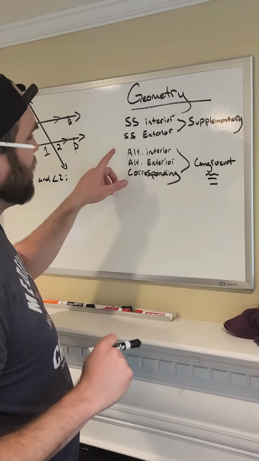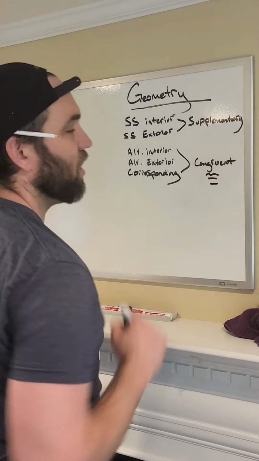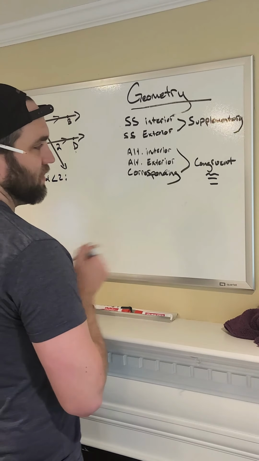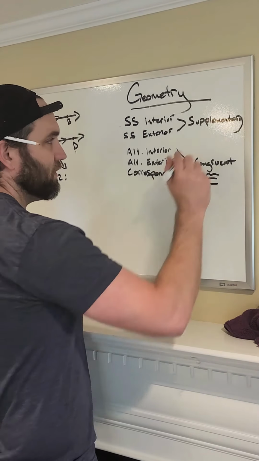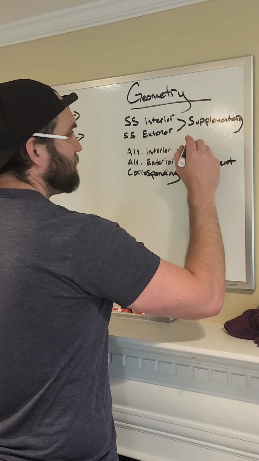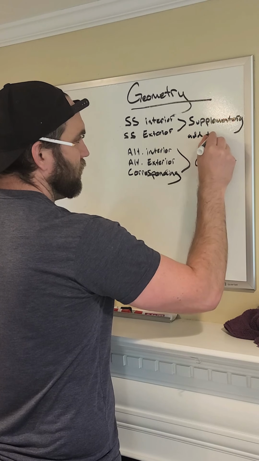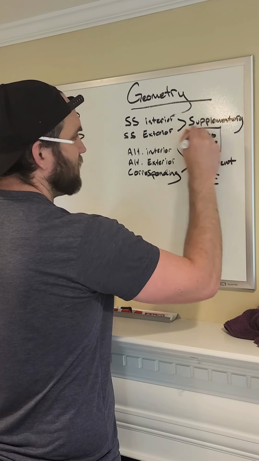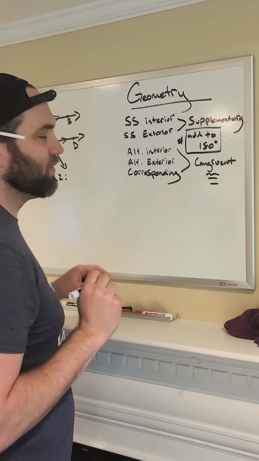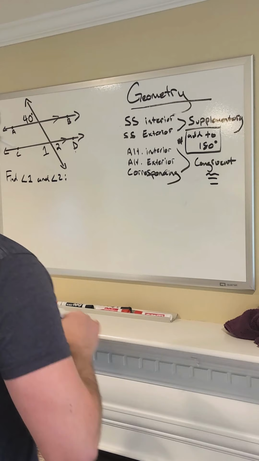Alternate interior angles, alternate exterior angles, and corresponding angles are always congruent. We use the equal sign with a little squiggly over it to show congruency. Supplementary just means they add to 180 degrees, okay? So put a little box around that. We'll remember that because we'll need to utilize it as we try to find missing angles.